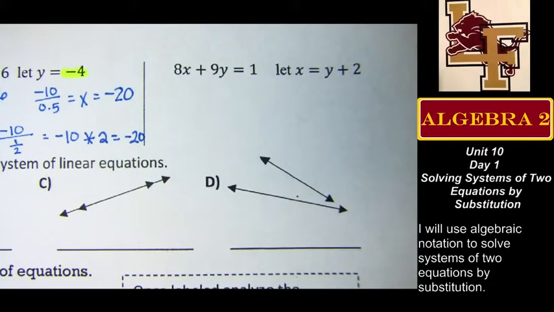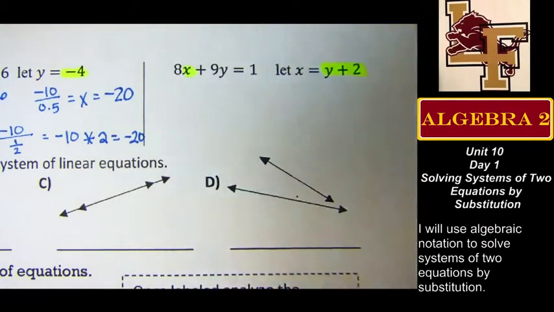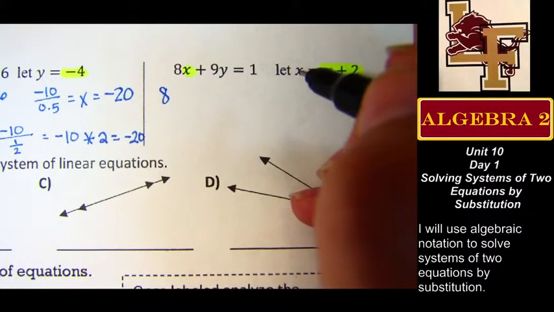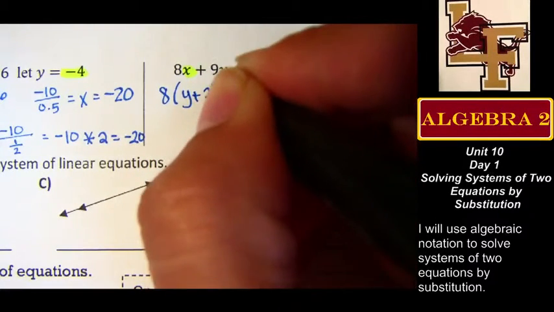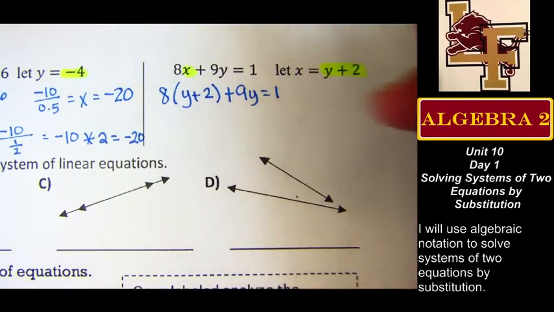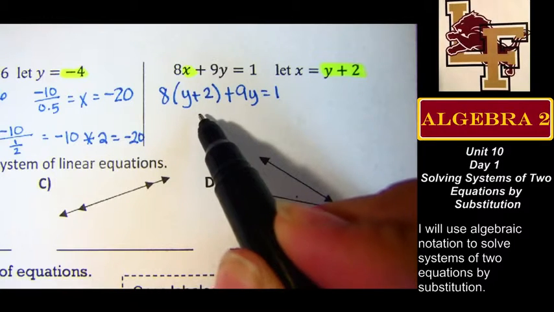What do I do with this one? x equals y plus 2, so I substitute. Everywhere I see an x, I'm going to replace it with y plus 2. On this substitution, just like in the first one, I highly recommend that you write the thing you're substituting inside parentheses, because this means 8 times the group y plus 2.